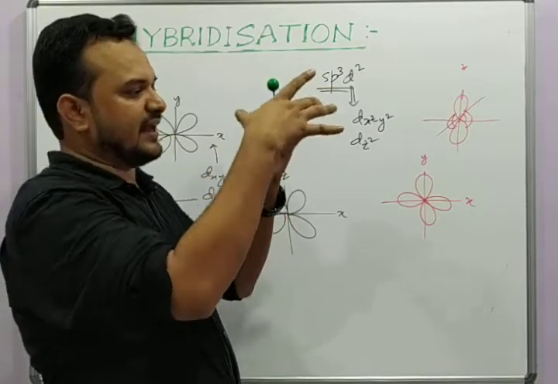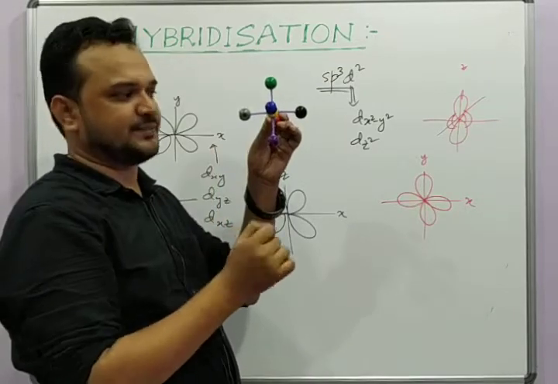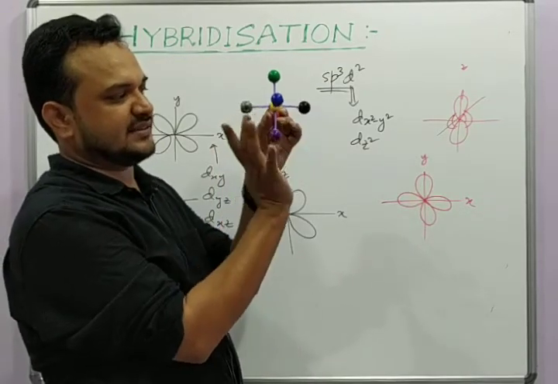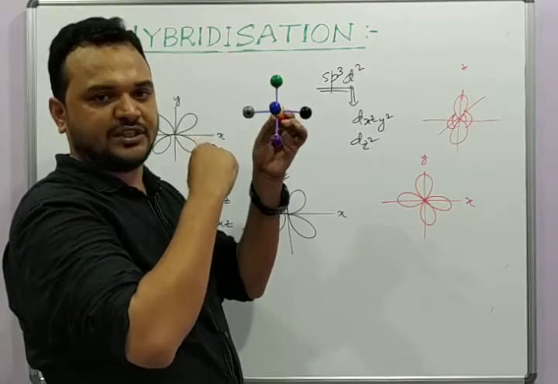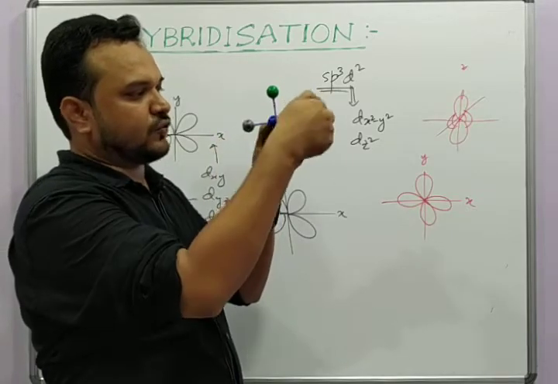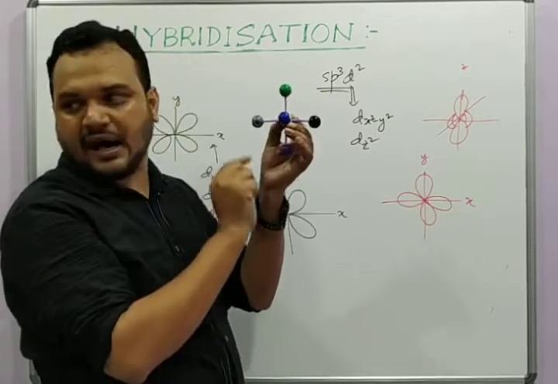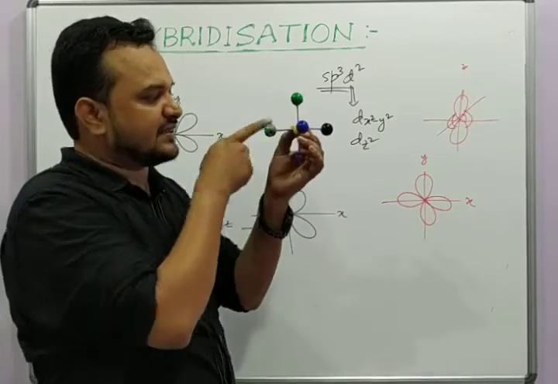So we can take this one as the x-axis, this one as the y-axis, and this one as the z-axis. So it is simply the origin. So here we have the sulfur. So the 6 fluorine atoms are approaching the central sulfur atom along the axis.